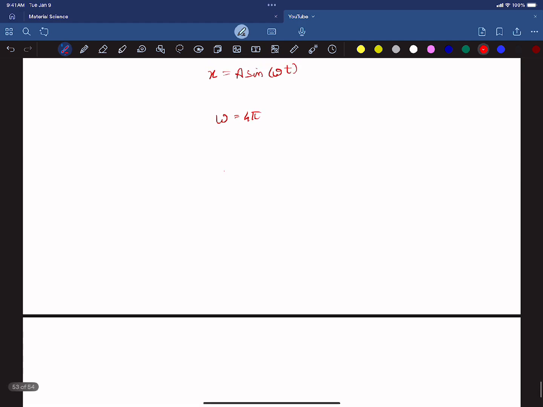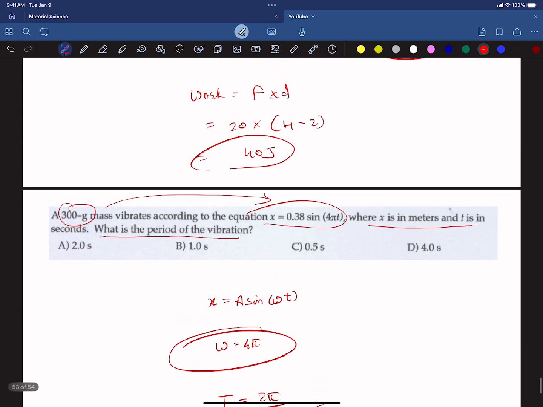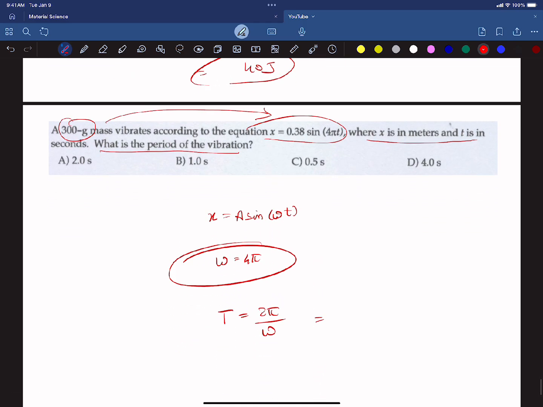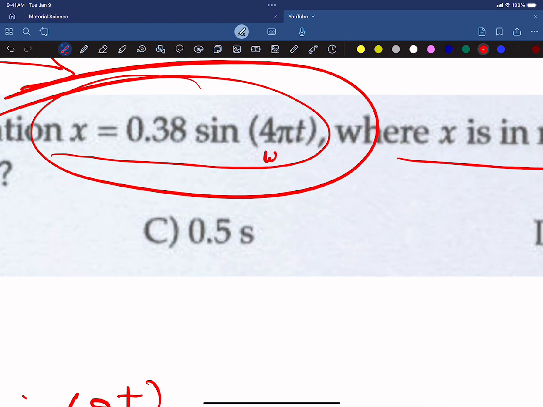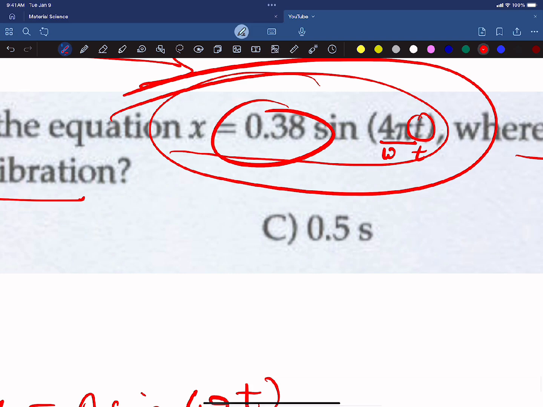Now the time period T is equal to 2 pi by angular velocity. So we know our omega. Now this is our equation given in the question. Omega is equal to 4 pi, t is equal to t, and a is equal to this value.